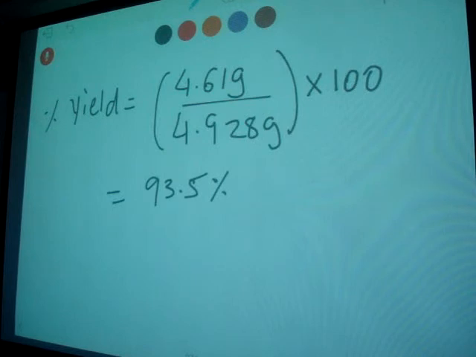And that's how we can calculate that percent, 93.5% of CO2 produced in this reaction.